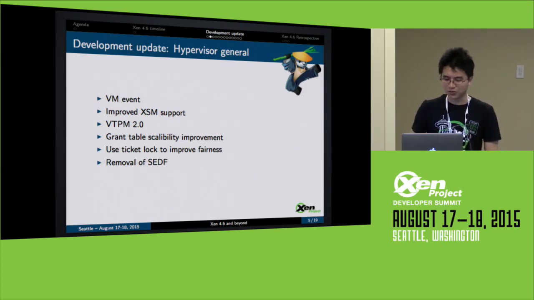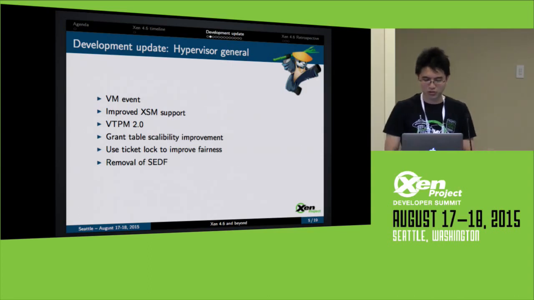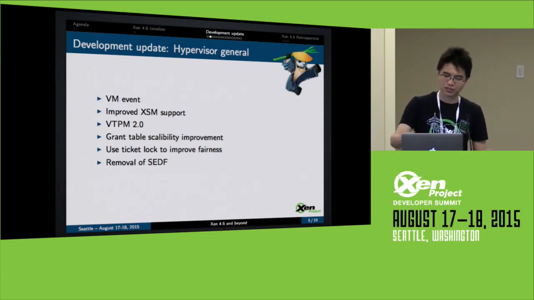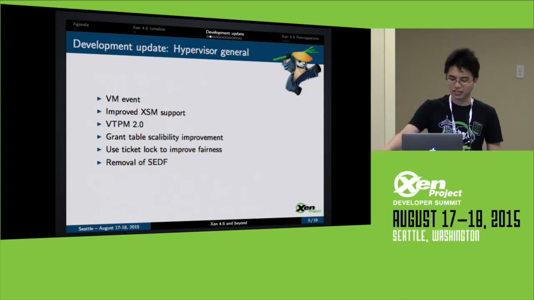The original throughput was like 7 gigabit when you run 20 VMs on a host and do the inter-VM network throughput test. Now, with this patch and the next one, it's like 30 gigabits per second.